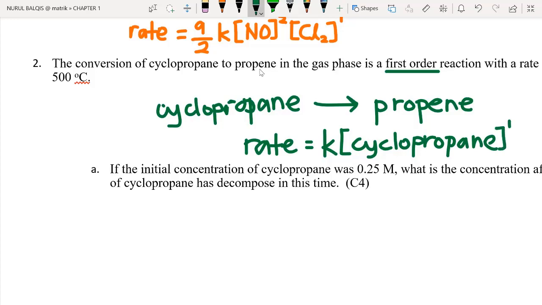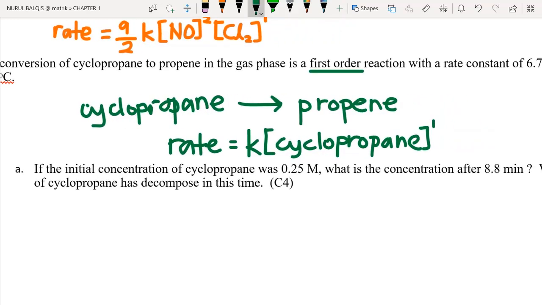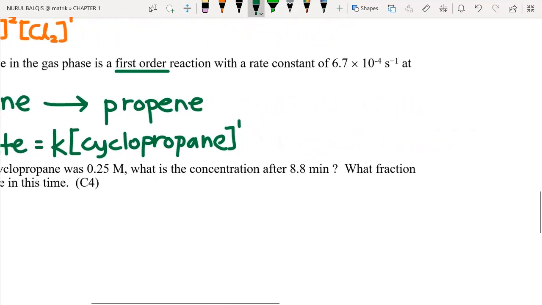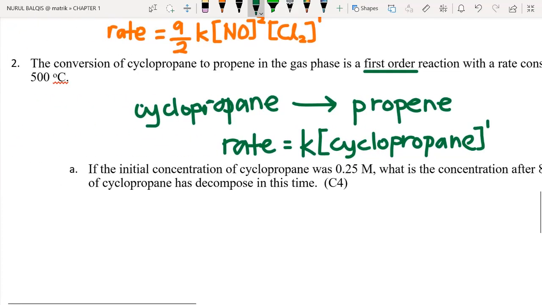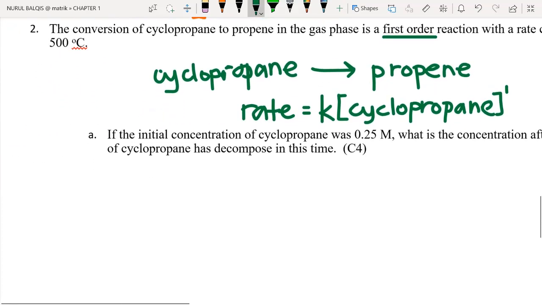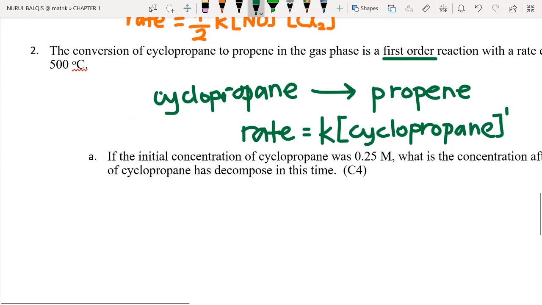If let's say the questions didn't tell you that this is a first order reaction, you can look at the rate constant here. This rate constant tells you that the unit is per second. So as we have discussed earlier, we know that the per second belongs to the first order. Alright, so the temperature will be given to you because it is part of the conditions for a reaction to occur.